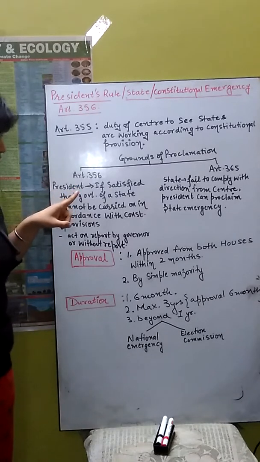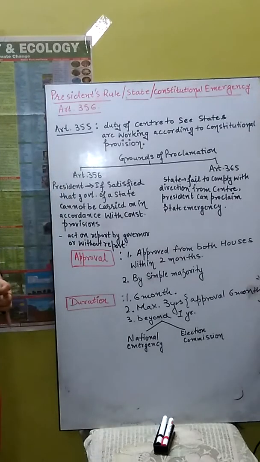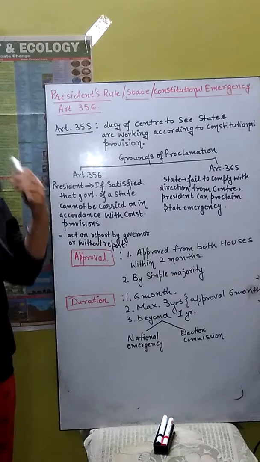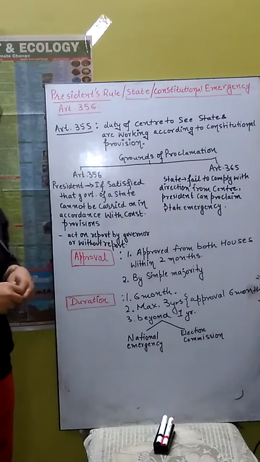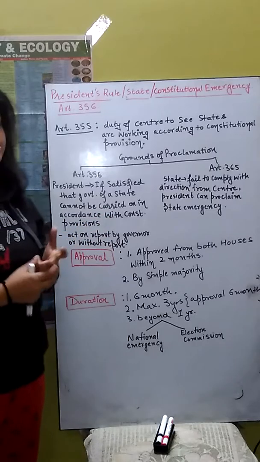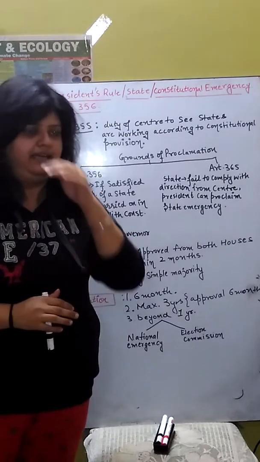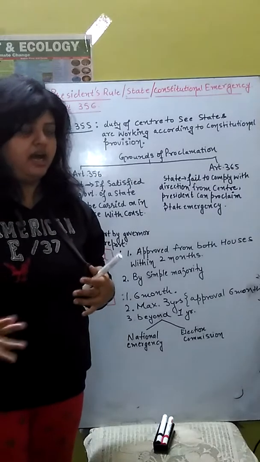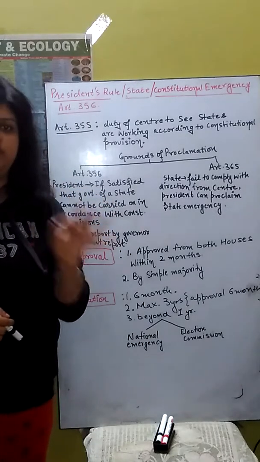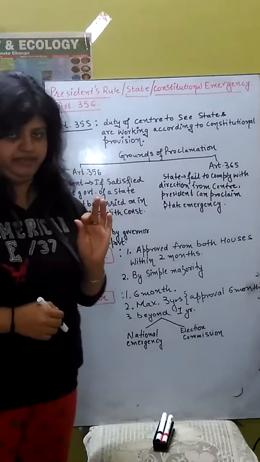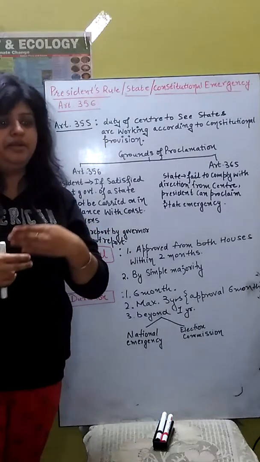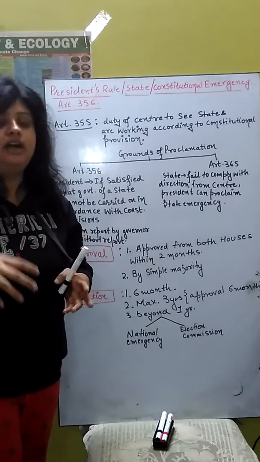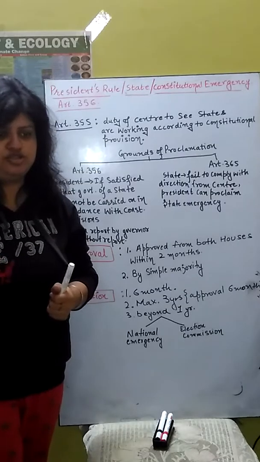Now, Article 356 says, if the President is satisfied that a particular state government is not carrying out its duty or is acting not in accordance with the constitutional provisions, अगर प्रेसिडेंट को ये लगता है कि किसी भी स्टेट में कॉन्स्टिट्यूशनल प्रोविजंस को फॉलो ना करते हुए वो गवर्नमेंट चल रही है, तो प्रेसिडेंट को फुल अथॉरिटी है कि वो उस स्टेट में प्रेसिडेंट रूल प्रोक्लेम करे। Now the President can also get a report from the Governor that the state assembly and the council headed by the chief minister are not working according to the constitutional provisions.